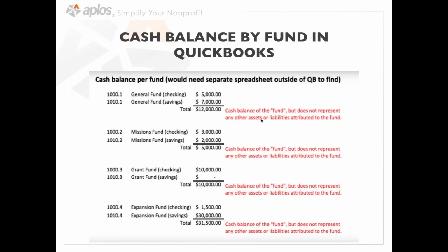So if you do that for every single one, you would need to then manually run a report that exports the data and do some manual summing to say, okay, all of my general fund balances within all of these cash accounts or assets, I need to manually add together in order to get to my general fund being 12,000. So my general fund would be 12,000, which is the sub account for checking paired with my sub account for savings, so on and so forth. It is pretty tedious, and again, kind of a workaround.